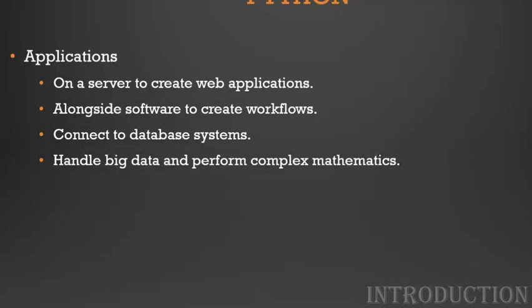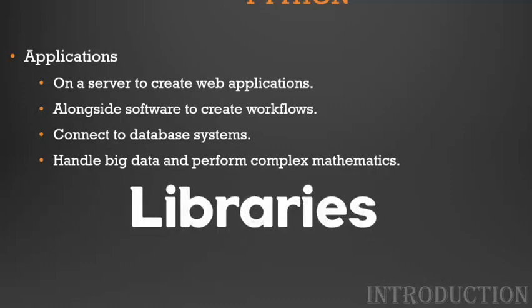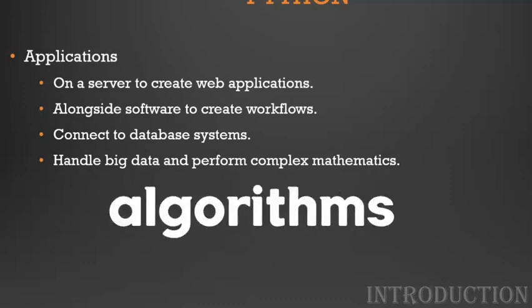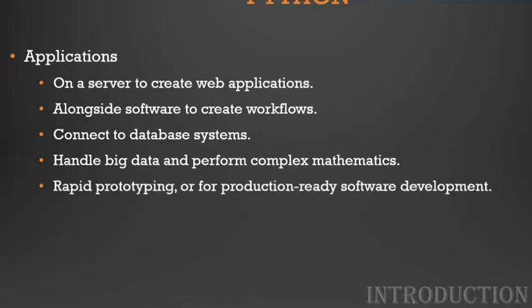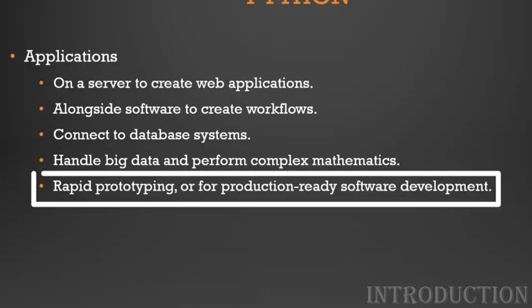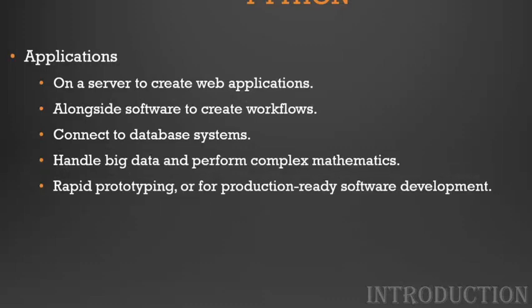In further sessions, we'll be seeing a few of the libraries, functions, and algorithms which are used with the help of Python. And finally, it is used for rapid prototyping or for production ready software development. Rapid prototyping is a huge advantage for developers, and for a complete software development, it can be done until software production.